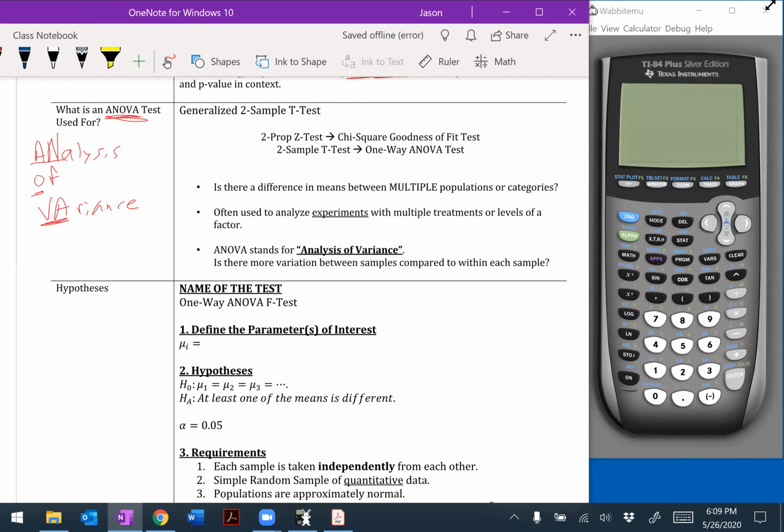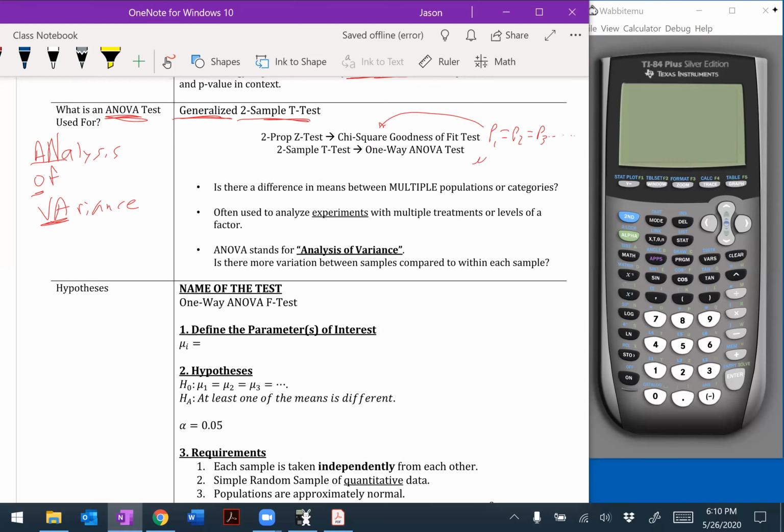It's the generalization of the two-sample t-test. Whereas the chi-square goodness of fit test was a generalization for proportions, where we had p1 equal to p2 equal to p3 and so on, or at least one was not equal, that's analogous to what we're going to be doing for means.